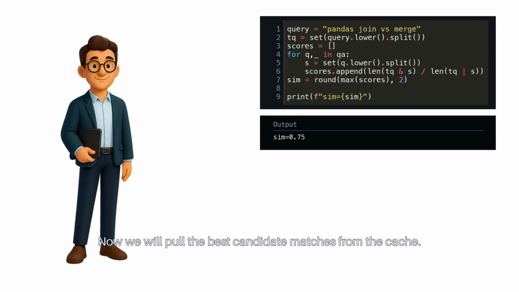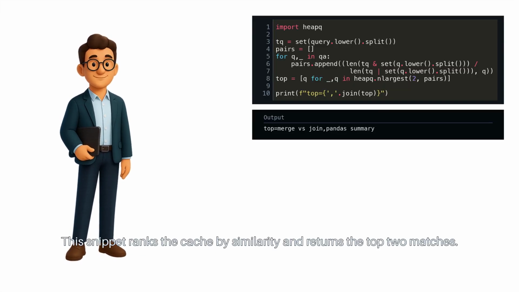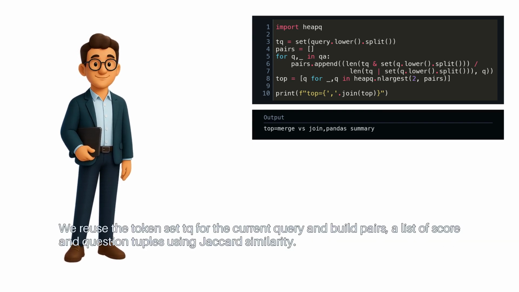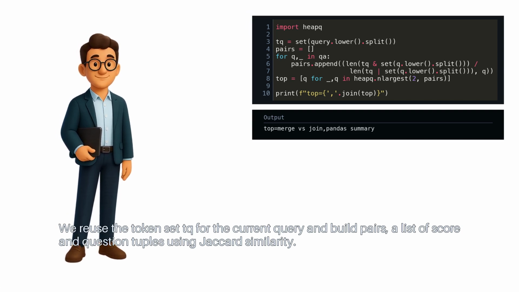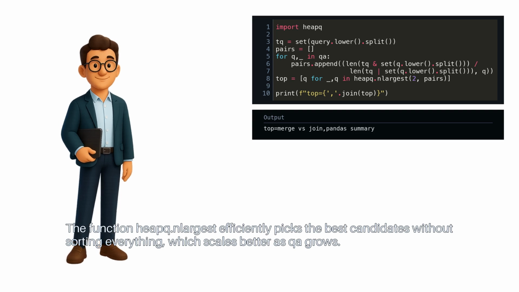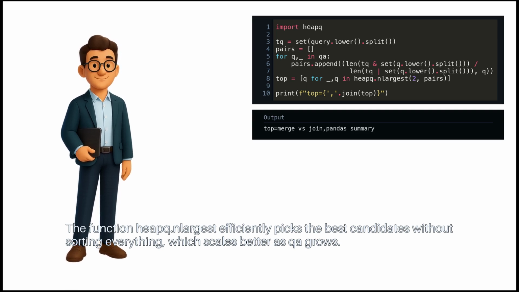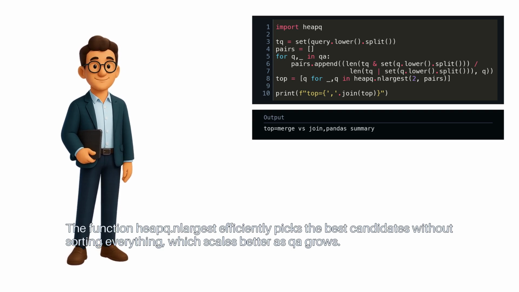Now, we will pull the best candidate matches from the cache. This snippet ranks the cache by similarity and returns the top two matches. We reuse the token set TQ for the current query and build pairs, a list of score and question tuples using Jaccard similarity. The function heapq.nlargest efficiently picks the best candidates without sorting everything, which scales better as QA grows.